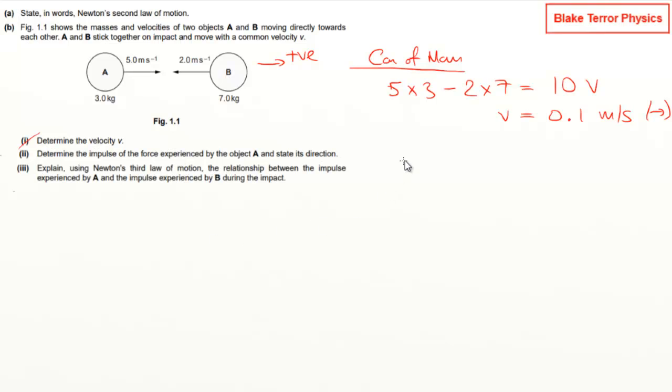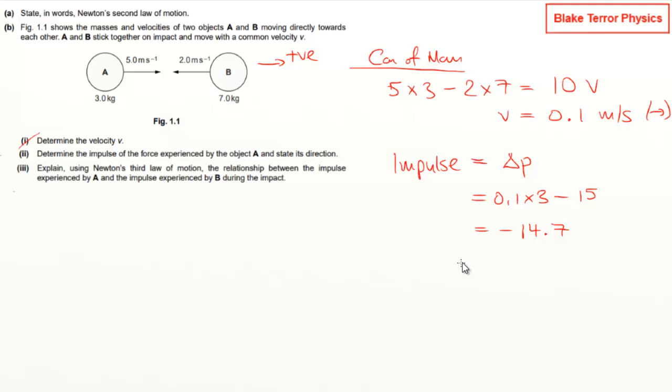Determine the impulse of the force experienced by the object A. State its direction. So the impulse is equal to the change in momentum. The change in momentum of object A is, well, final momentum is 0.1 times 3. Our initial momentum is that 15. So we've got a change of minus 14.7.